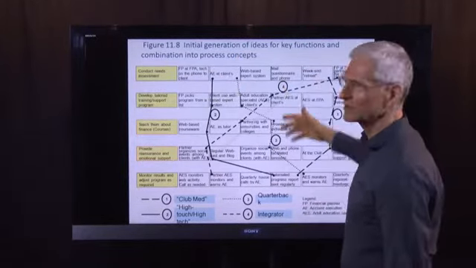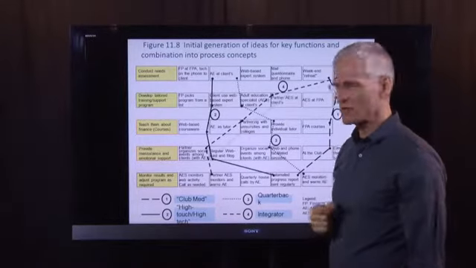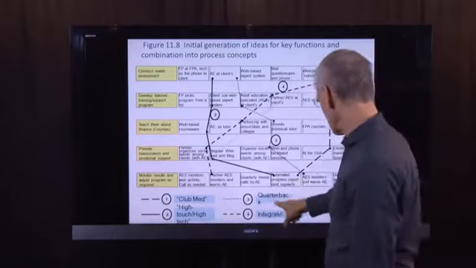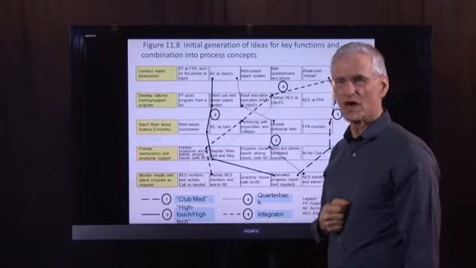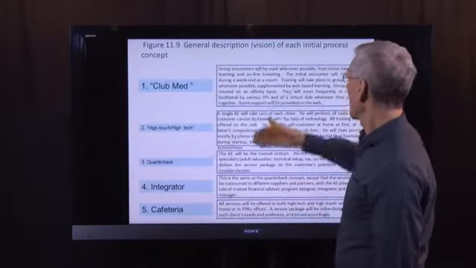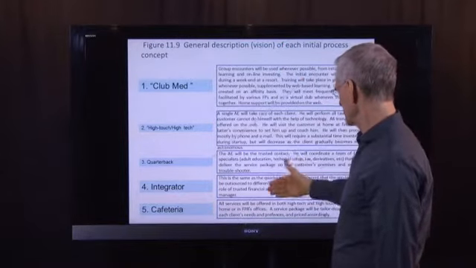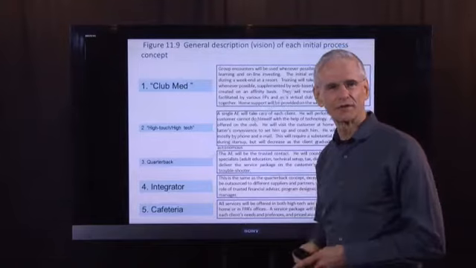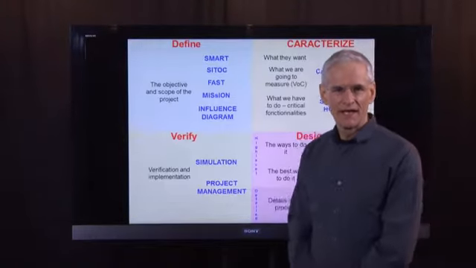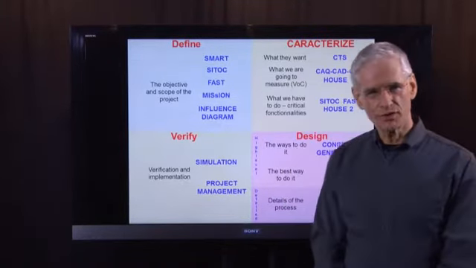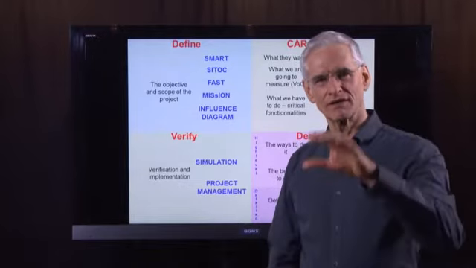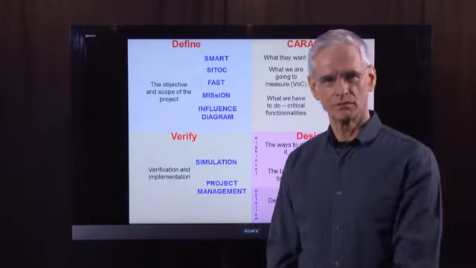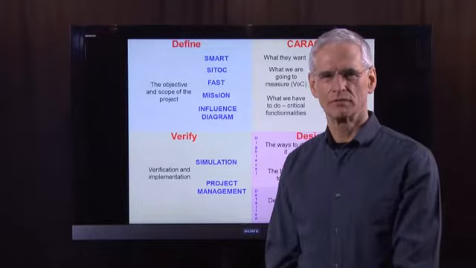And I will not get into the specific example described in the book, but you see here the combination and the names given to each of the concepts, and a detailed description of each of the concepts that they have generated, just as I illustrated for the coffee example. This concludes, once you've achieved a description of concept, the first iteration of concept generation.